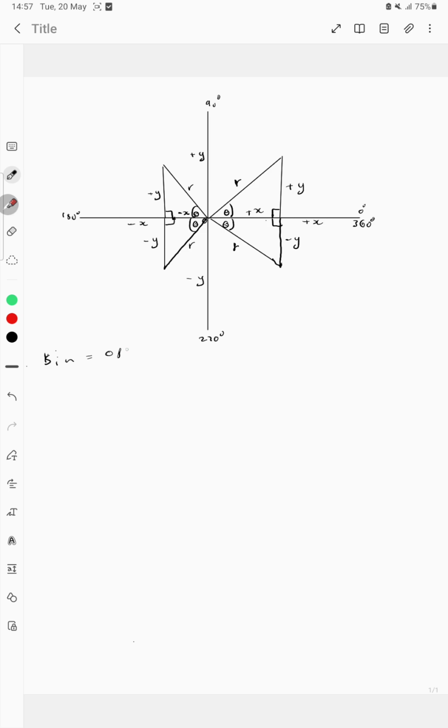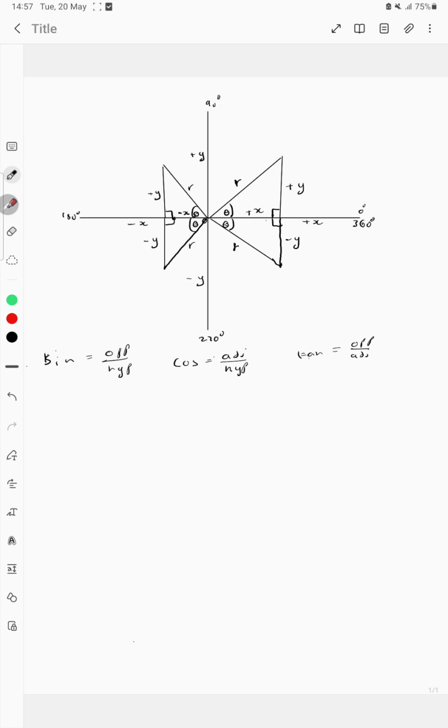Opposite over hypotenuse, and then cos is adjacent over hypotenuse, and then tan is opposite over adjacent.